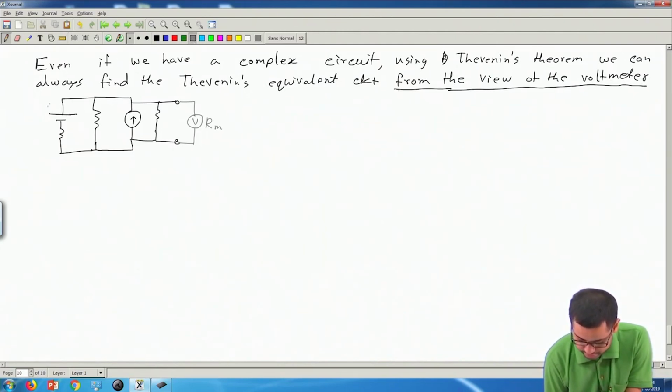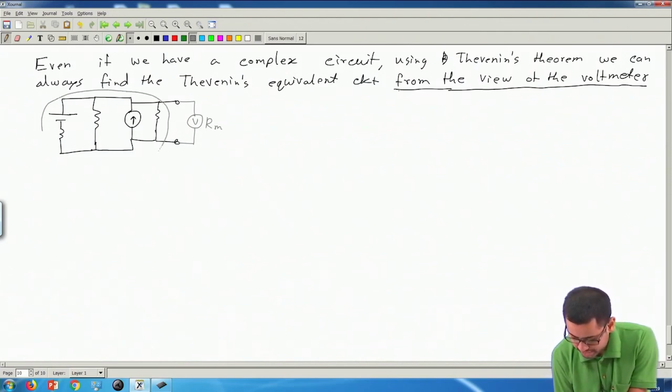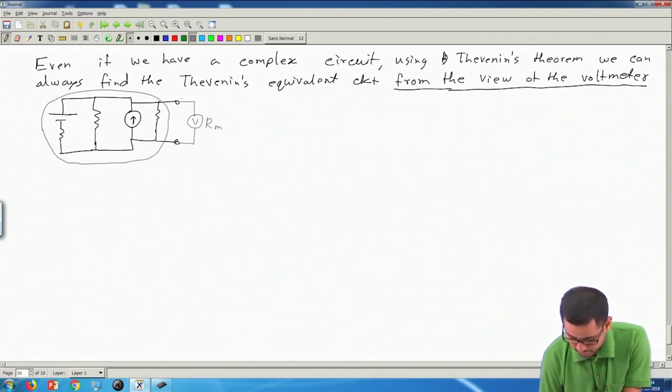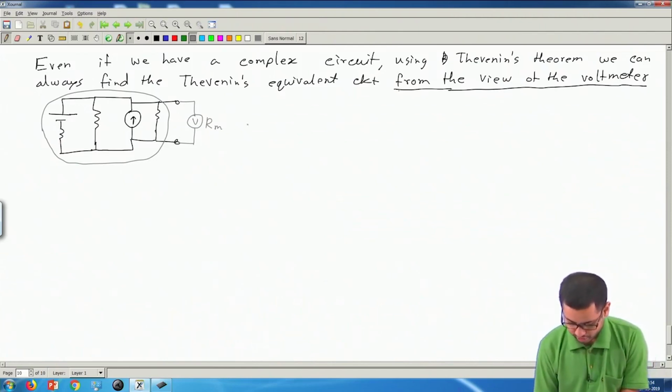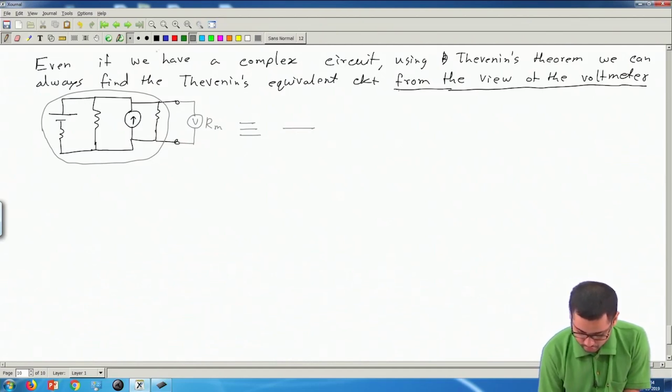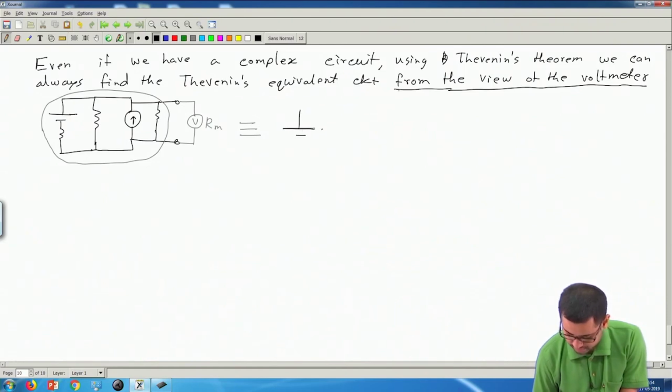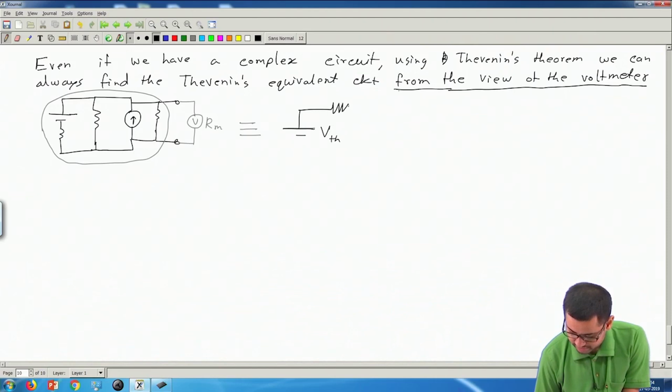Looking into this circuit from these two terminals, we can always get an equivalent voltage source VTH, the Thevenin voltage, in series with RTH, the Thevenin resistance. This is the same as the Norton's resistance.